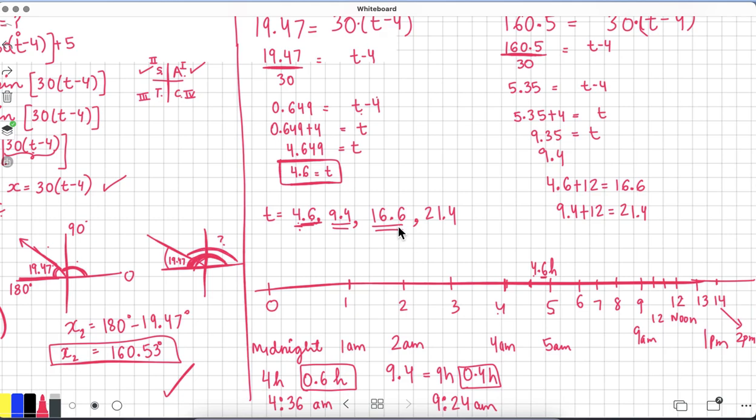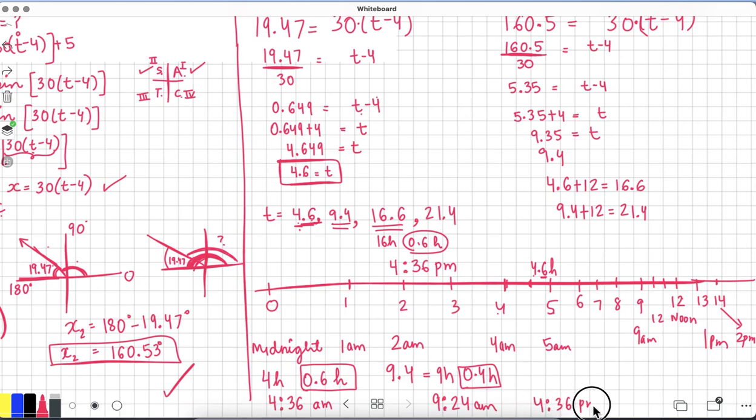So 16.6 represents 16 hours and 0.6 hours. We know that 0.6 converted into minutes is 36. And 16 hours means it's going to be 4:36 PM. That means the tide at the height of 6 meters occurs at 4:36 PM.